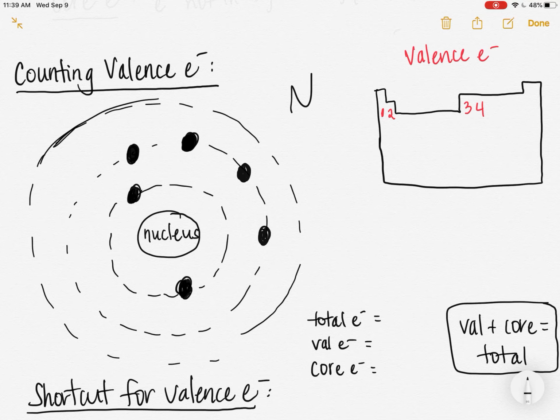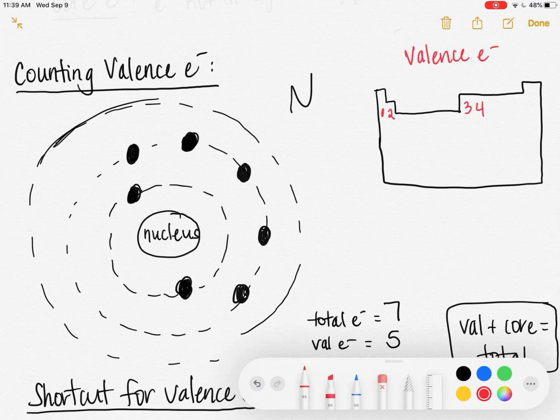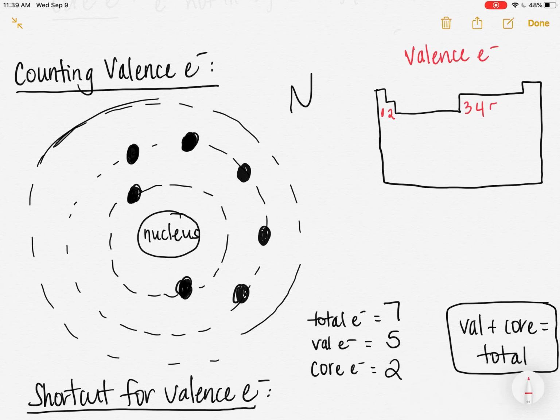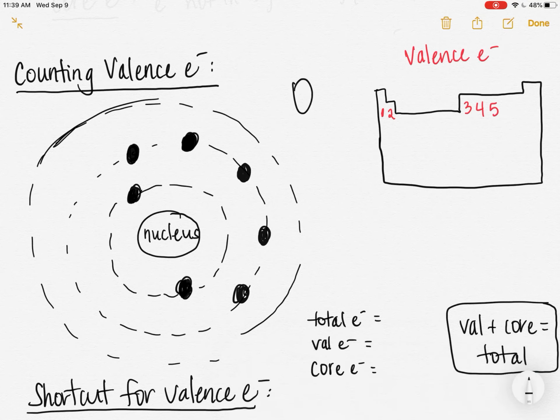Keeping on this path with our pattern would be nitrogen. So nitrogen has a total of, I lost my train of thought. I'm sorry. 7 protons, 7 electrons, 2 in the first level, 5 in the second level. So 7 total, 5 valence, 2 still are core. So, oh my gosh, nitrogen has 5 valence electrons.